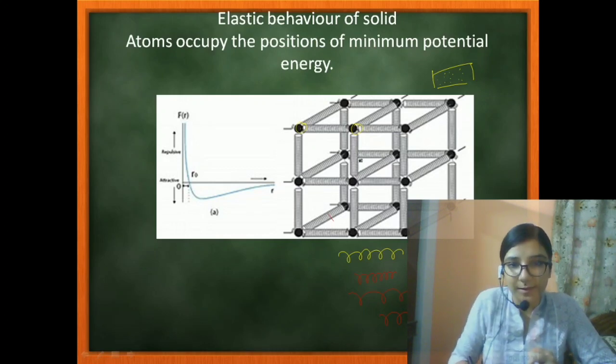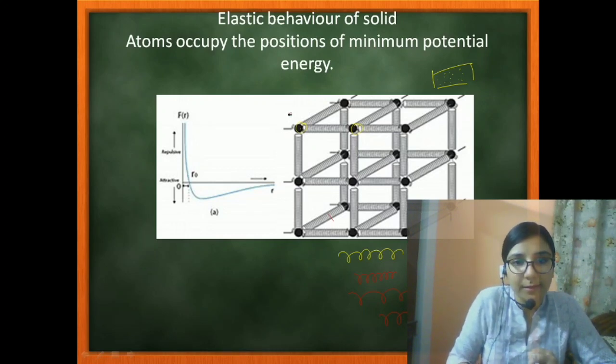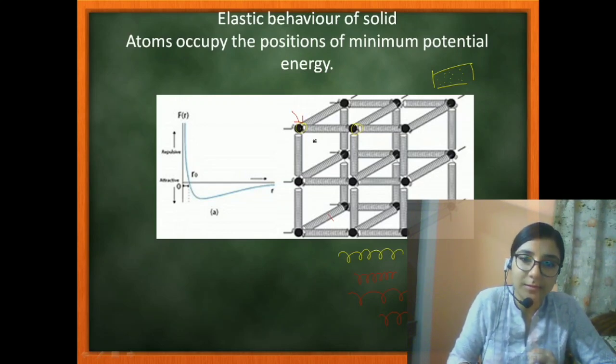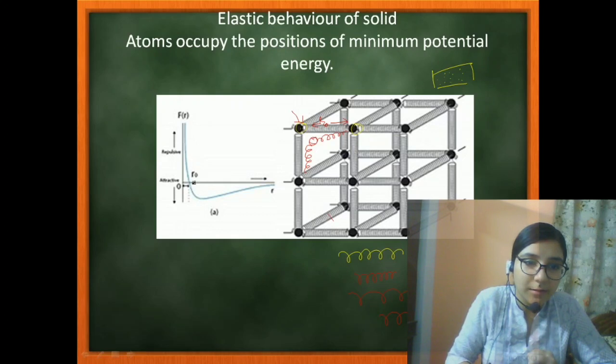Now let's see what happens here. Suppose we apply some force on this atom in this direction. The atom moves in this direction and the distance between these two atoms decreases. In the equilibrium position, suppose the distance between these two atoms is r0. Here the net force acting on it is 0.